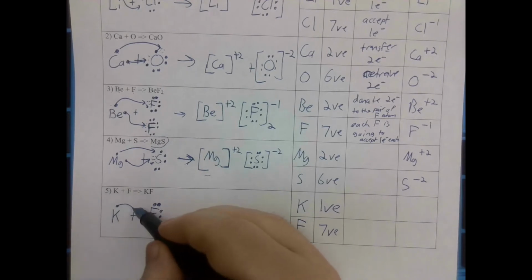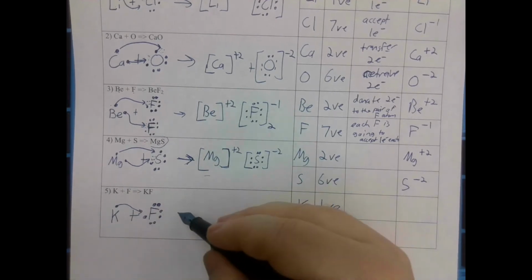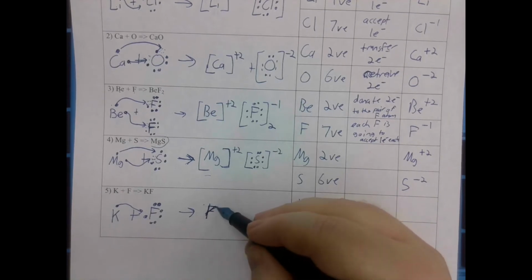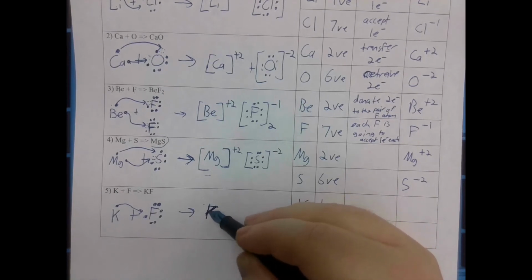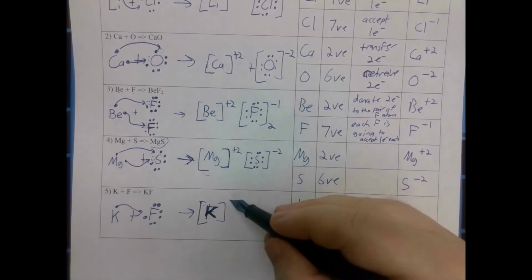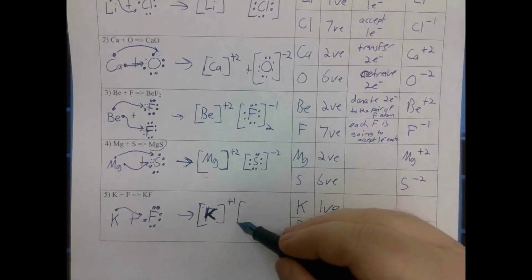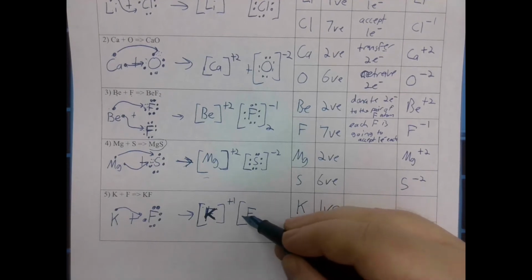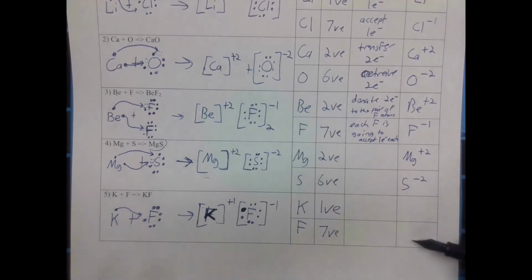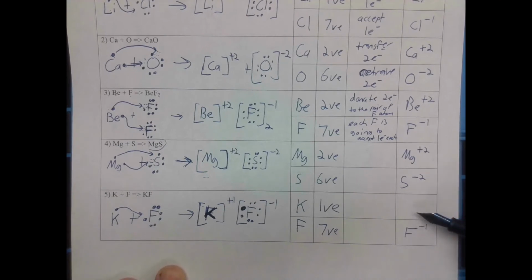This 1 electron can go right here. So we're removing, this should be a K, we're removing that 1 electron. And it's going to get a +1 charge. And we're adding this electron right here, giving it a -1 charge. So it becomes fluorine -1, potassium +1.